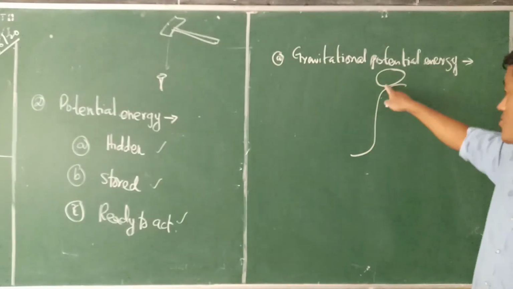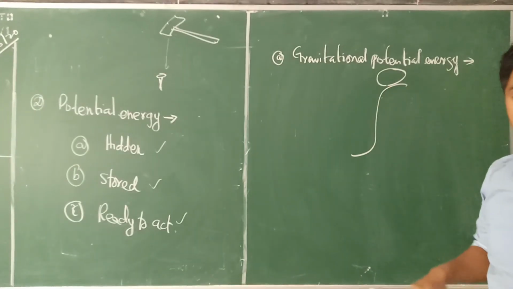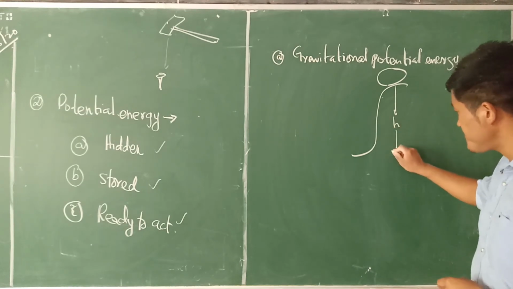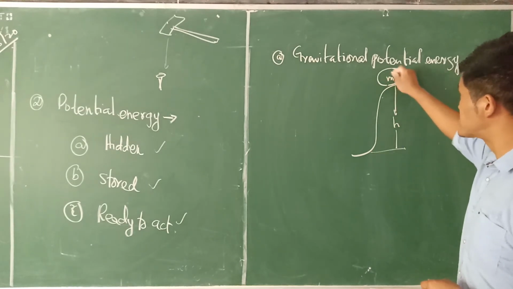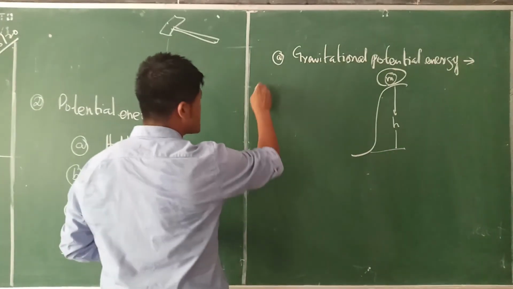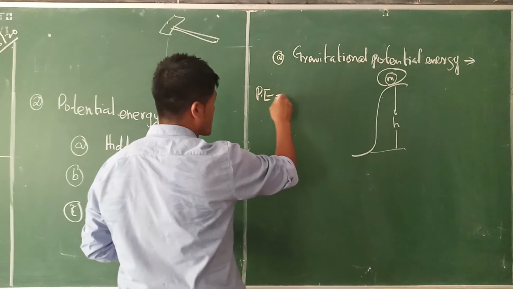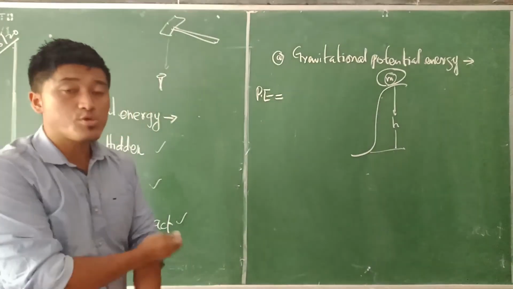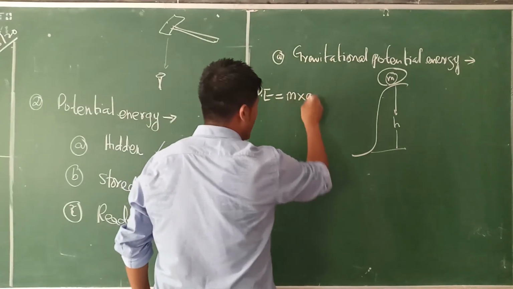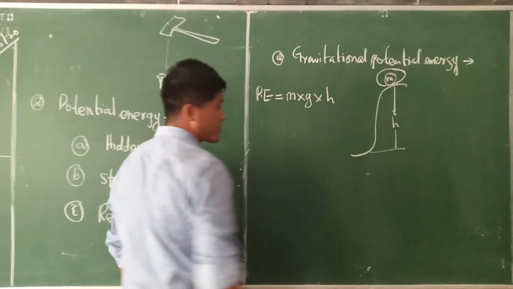Now this is in the case of object raised to a certain kind of height here. Understand? This is the height. Understand? And it is also having some amount of mass here. Understand? So whenever we are considering anything about gravitational potential energy, we should always use another kind of formula, that is called as mass into gravity into height here.